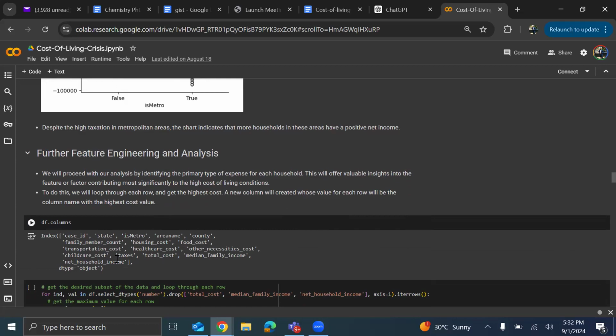So is household A incurring a lot more in housing, and household B paying a lot more in food? I want to know which of these expenses is highest for each of these households. If I'm able to get that for each household, then I can know which of these primary costs occurs the most.